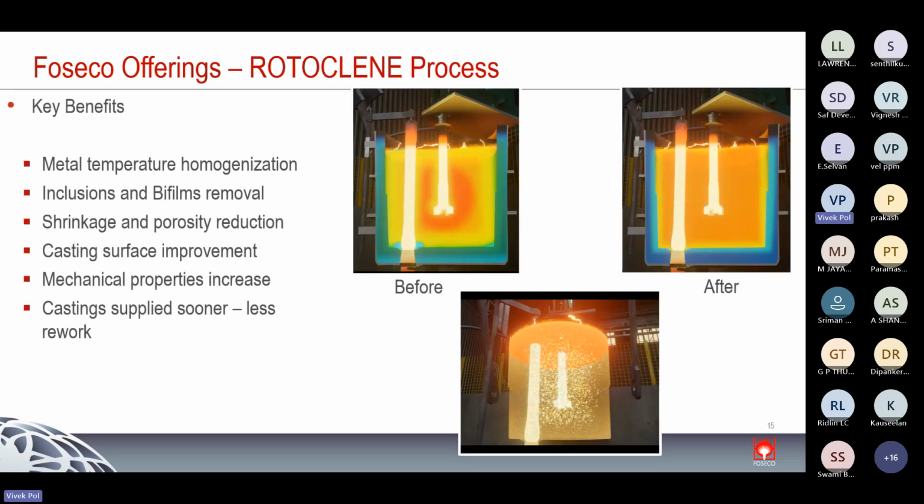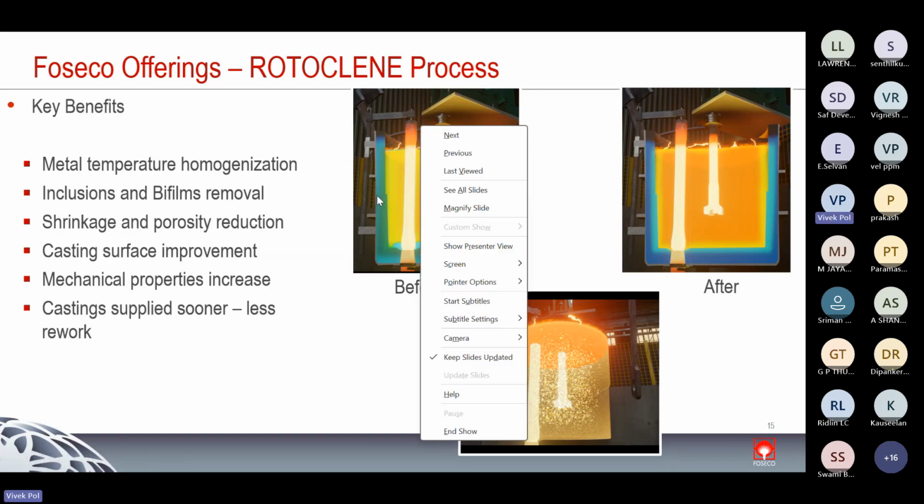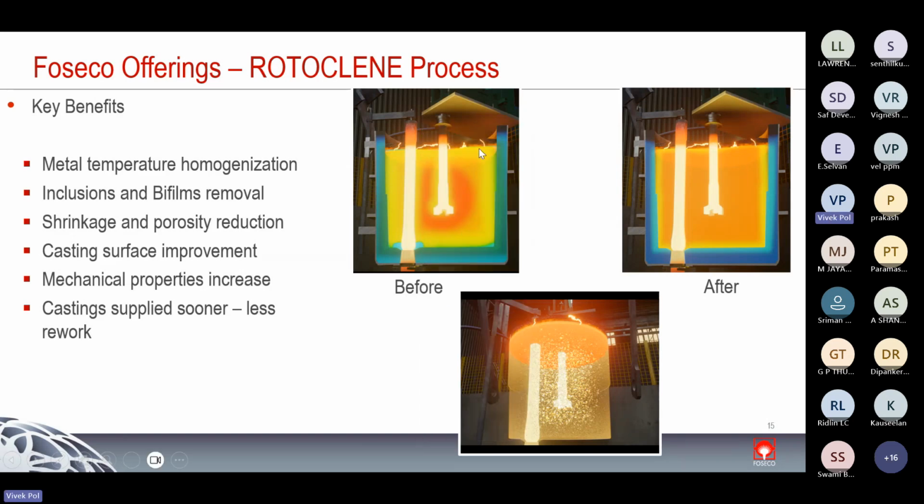So you can see the benefits. For example, before and after, you can see the temperature variation near the stopper of the ladle. You can see there is low temperature, and sometimes because of low temperatures, the stopper could not get open, and maybe it breaks, and that is a very unpleasant event and may lead to safety incidents also.